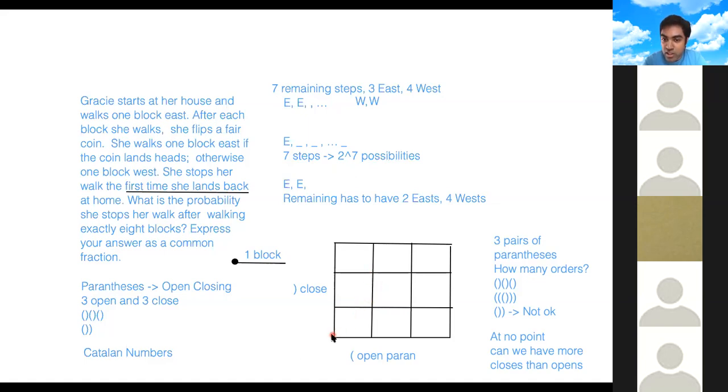What is the constraint here on the paths that we're trying to take? There's some line that we can't cross. If we cross it, that means it's not valid. What line is that? Any ideas? Okay, it's this diagonal line.